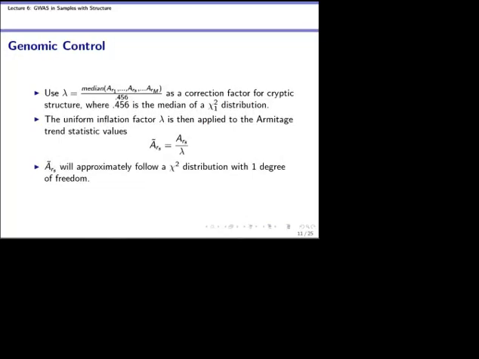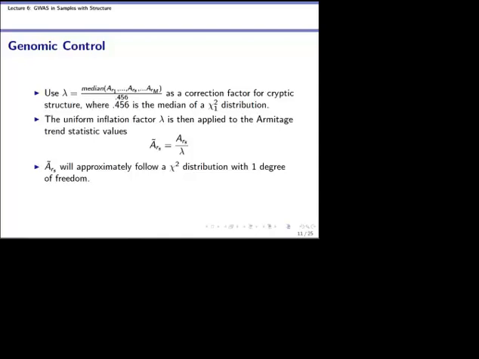So we take the median of our test statistic from the true data and compare it to the median of what we expect under the null hypothesis. Genomic control says, give me the median of what I would expect. If it's chi-squared 1, the median of chi-squared 1 is 0.456.